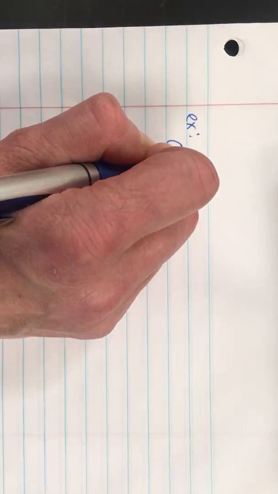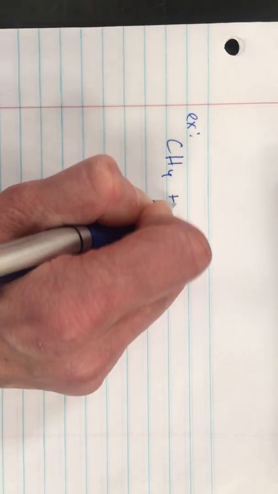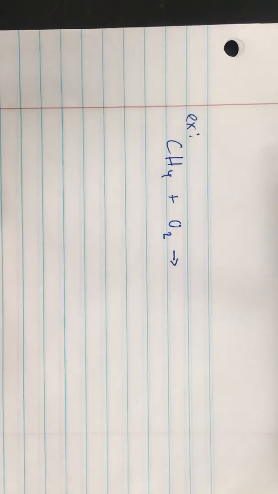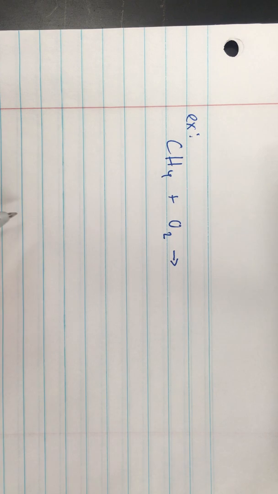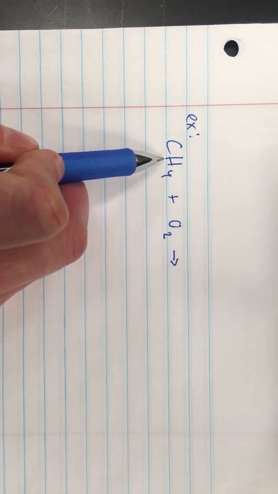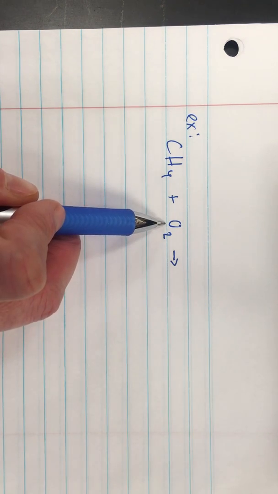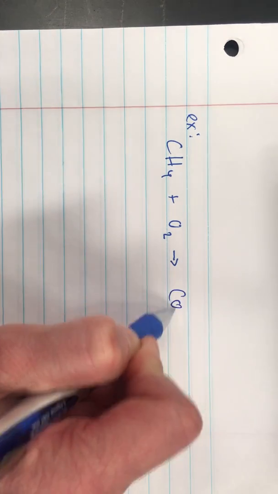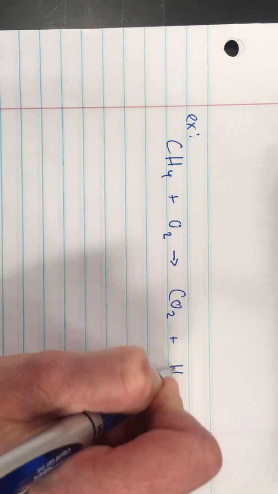The first example that I'm going to show you is CH4 plus O2. As soon as I see this, I'm like, oh, that's a hydrocarbon. It's reacting with oxygen. It always yields carbon dioxide and water.